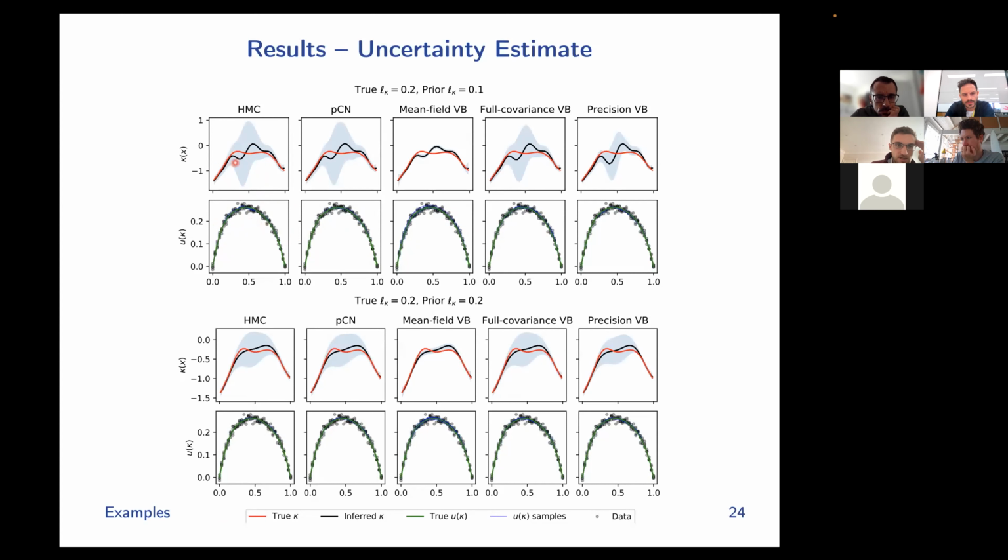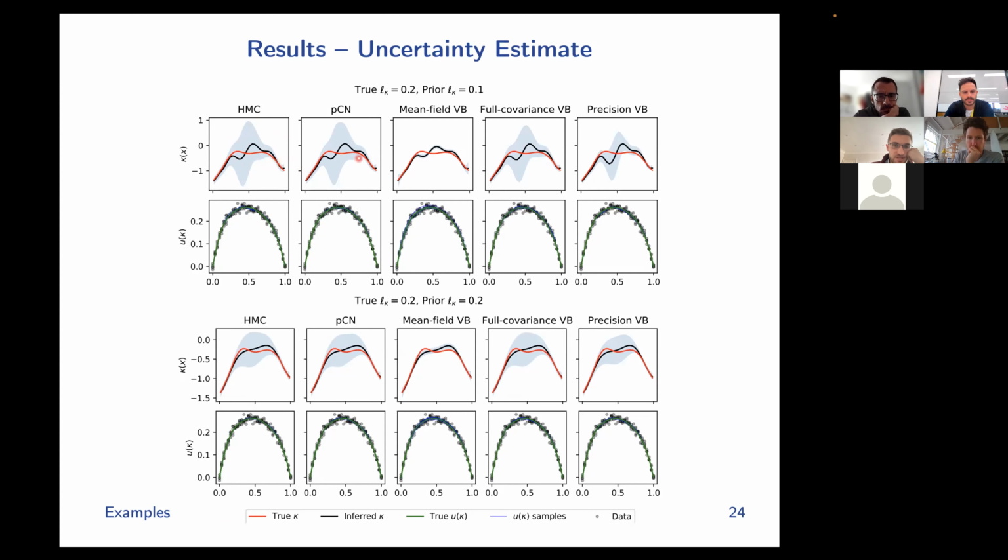The red curve in the top row is the true kappa that was used to generate the data, the black curve is the posterior mean, and the blue shade is 2 standard deviations of the posterior for kappa.